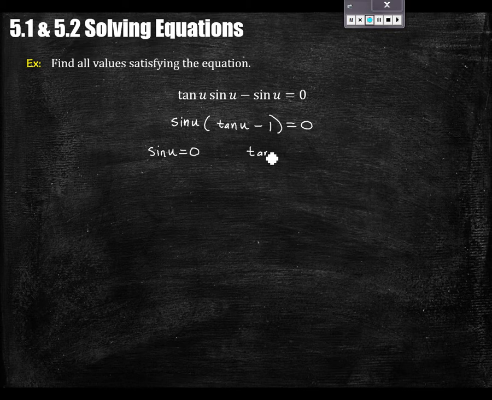The solving is not the interesting part. There, neat. All right. So u equals 0 or pi, and over here, u equals pi over something.